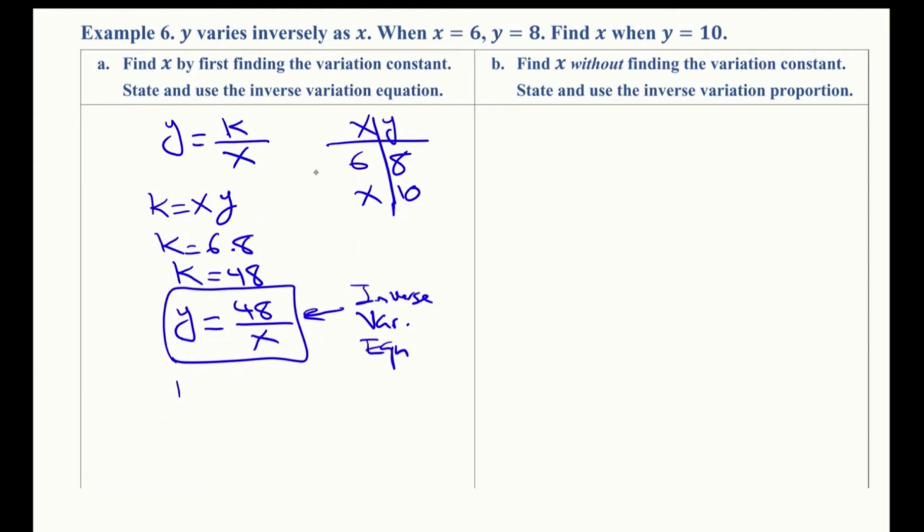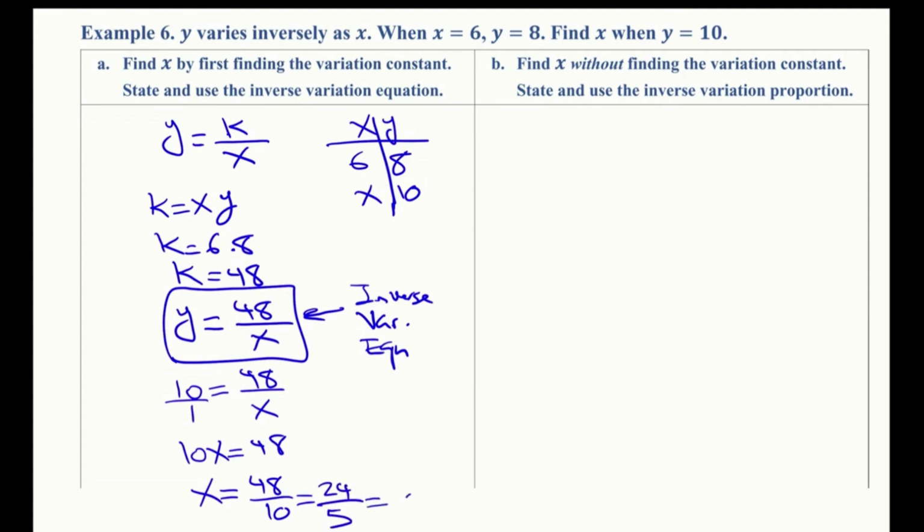So I'm going to put 10 for y. I'm going to have 48 over x. And if I throw a 1 down there, I can just cross multiply. So I get 10x equals 48. So x is going to be 48 over 10, which is, 2 goes into 48 24 times, and into 10 5 times.